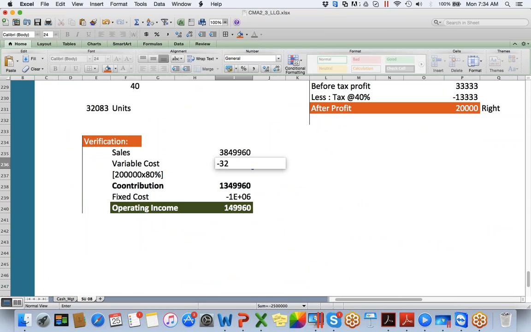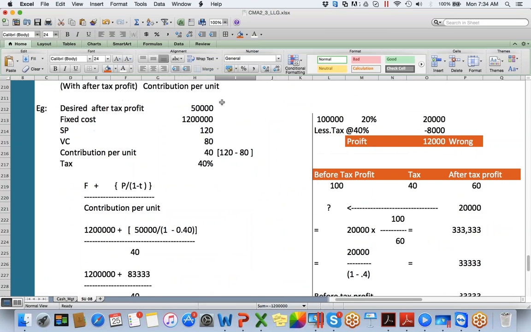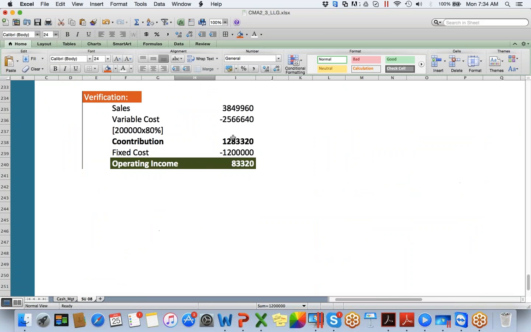Minus 32,083 times 80, which is my variable cost, and the contribution is 1,283,320. My fixed cost is 1.2 million. And operating income before tax is this much. Okay. So operating income before tax is given.